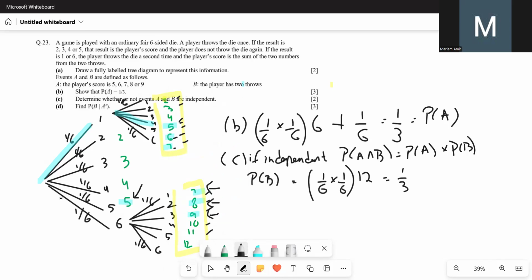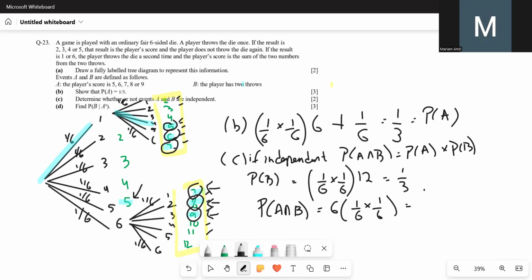Now we're going to find the probability of A and B, both of them happening together. That's these three cases and these three cases. So the probability of A and B is 6 times 1/6 times 1/6, which is 1/6.